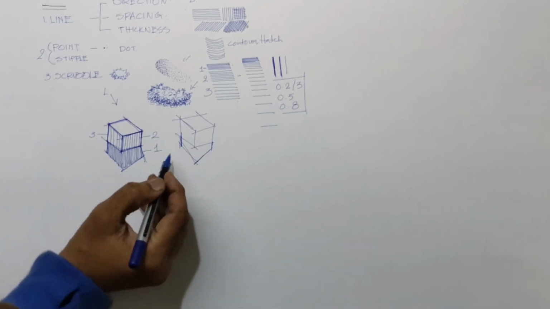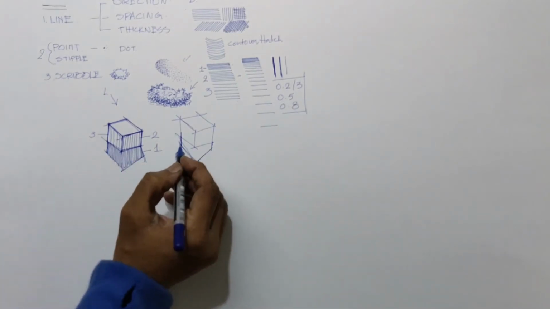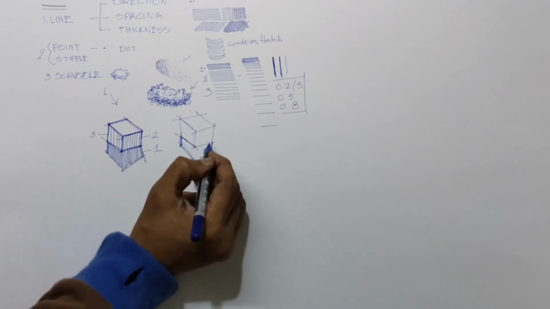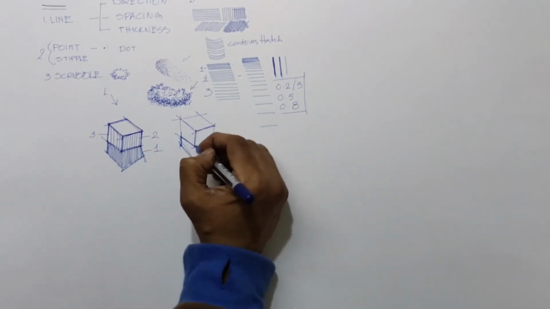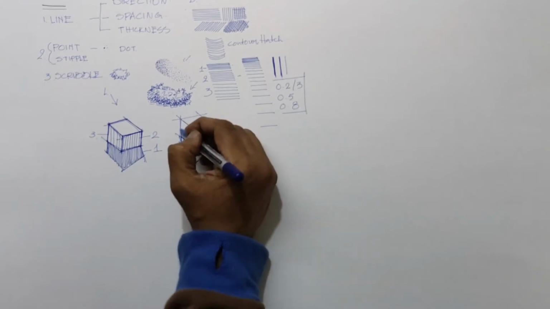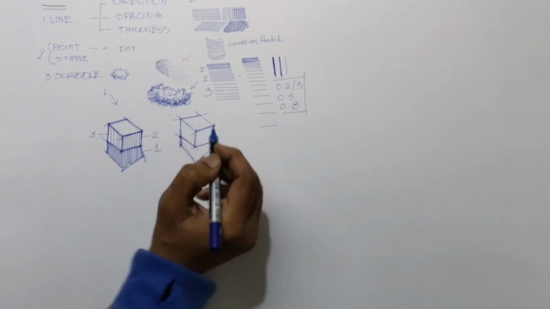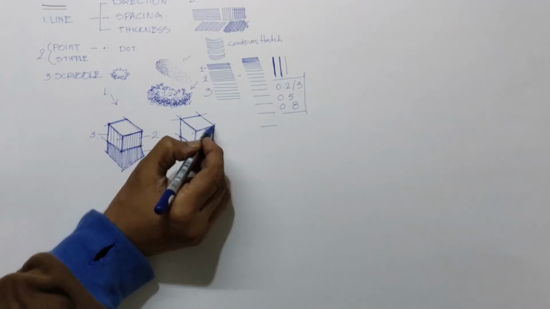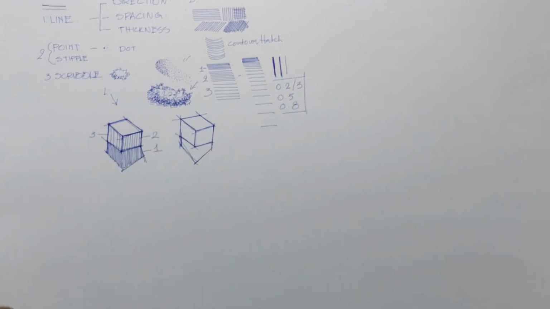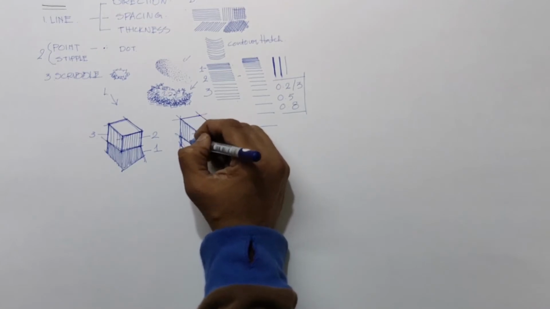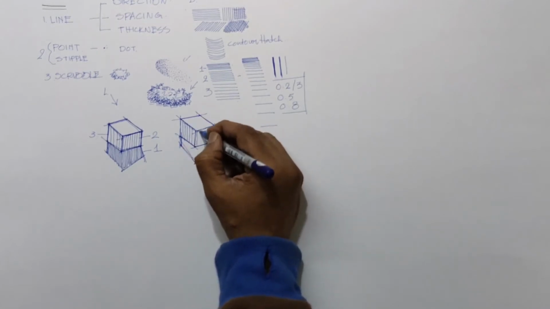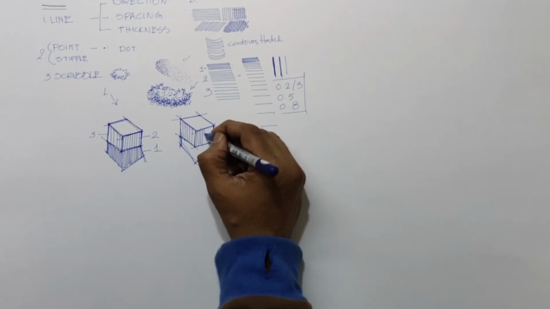For shadow construction here, what we can do is darkening the edges again. Darkening the edges also, this also. Fine, hierarchy is reached. Now I am using the same here, like that. Here a bit closer, notice.